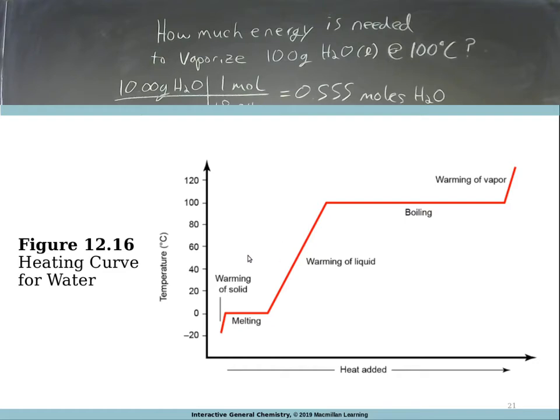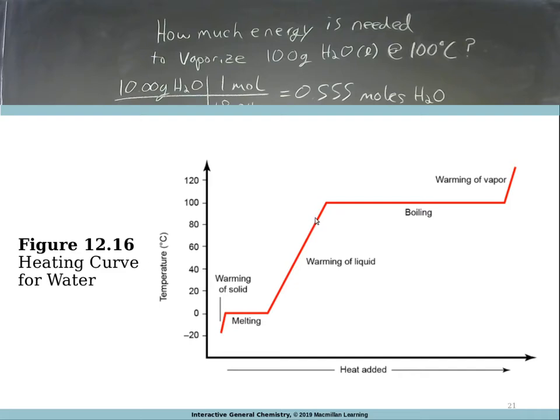At each stage here, if you wanted to quantify this, if you wanted to use actual values for heat and delta T, then you would have to use a different equation at each point. So for the warming of the solid, you would use Q equals mc delta T, where C is the specific heat of solid water. And then for the melting, you'd use Q is equal to n delta H of fusion if you're using a molar amount, or m delta H of fusion if you're using a mass.